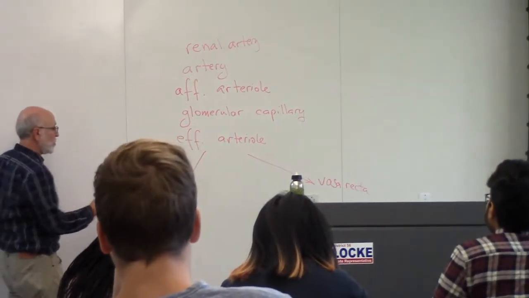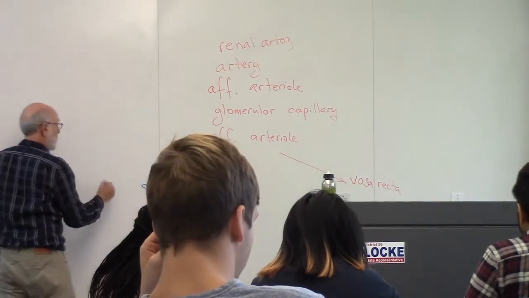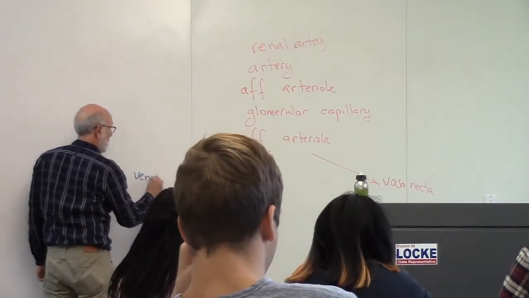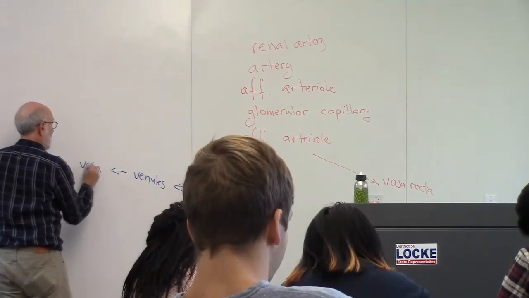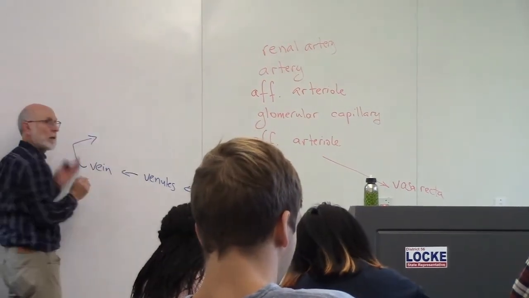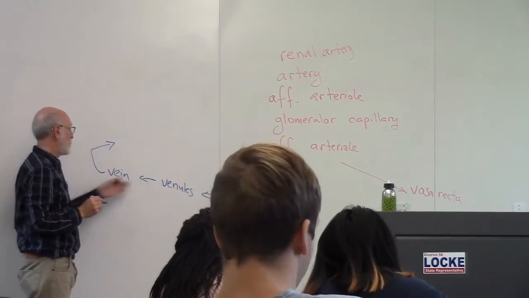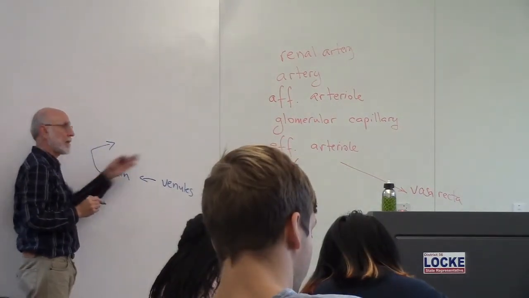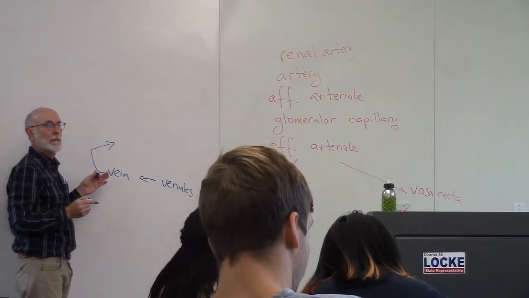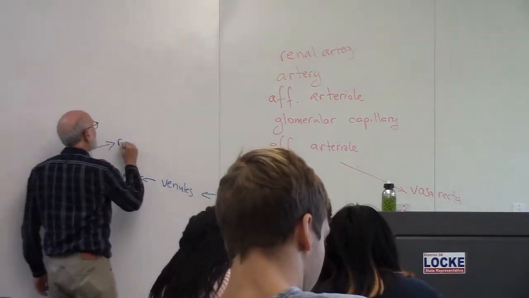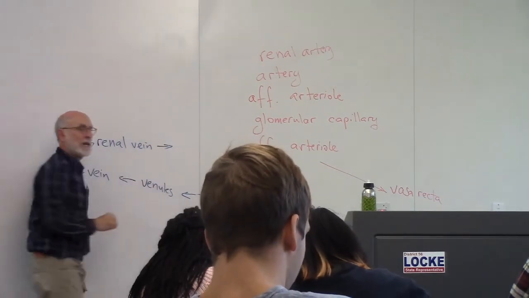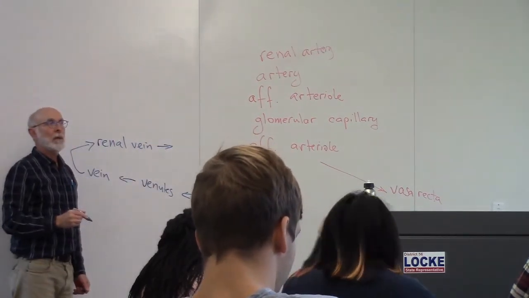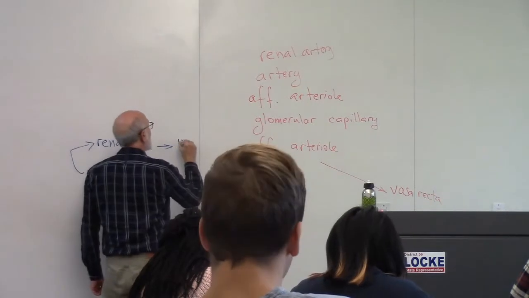Okay, so then the peritubular capillaries give rise to venules, which give rise to a vein. What's connected to a vein that's coming out of the system? Like the renal vein, which is connected to the inferior vena cava.